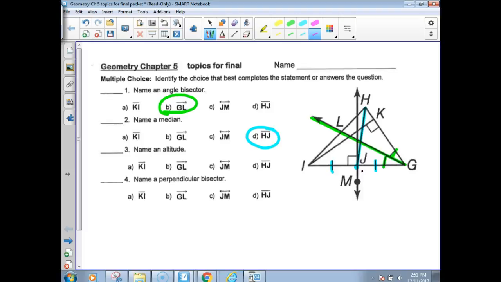So I'm looking for something with a right angle, but it has to go from a vertex also. So what could that be here? It's either this or this thing, and this thing isn't hitting a vertex, it's going straight through. So it should be KI or IK, and that is choice A.